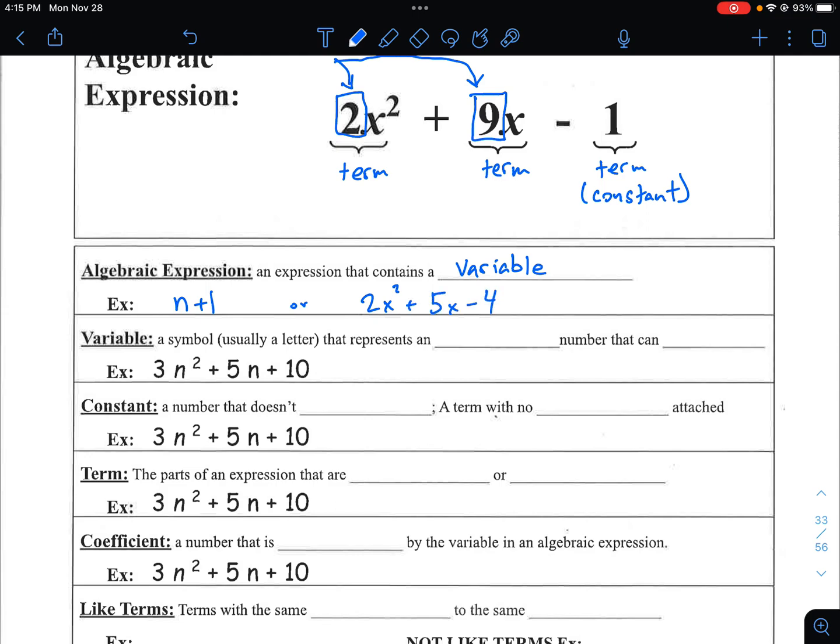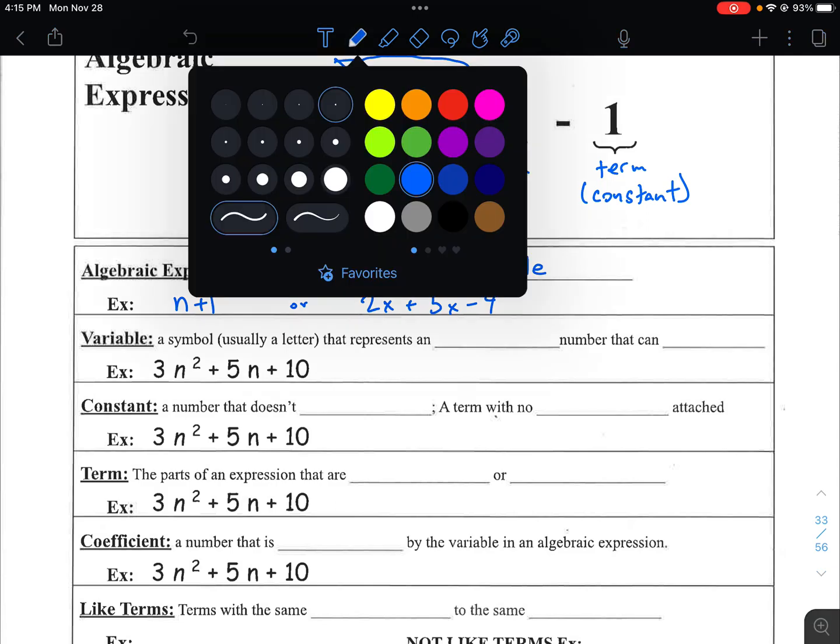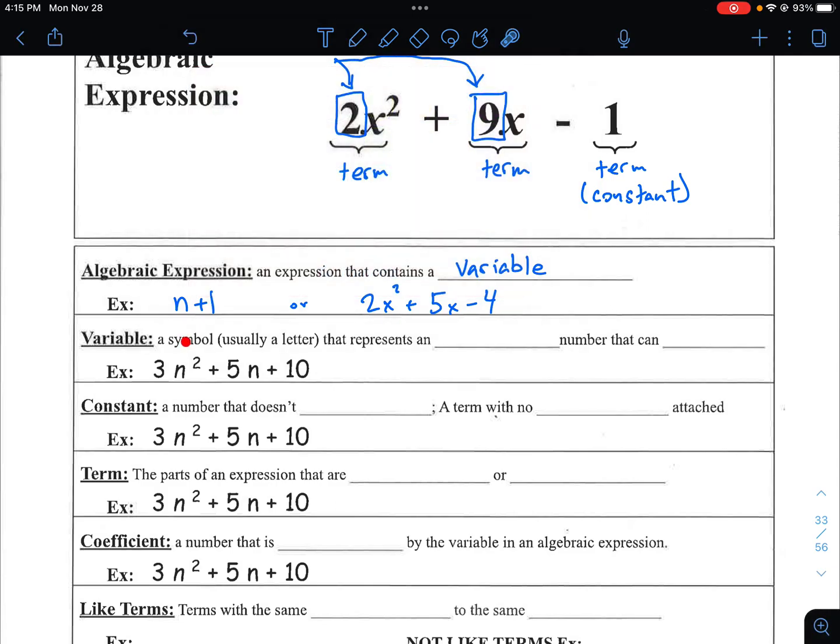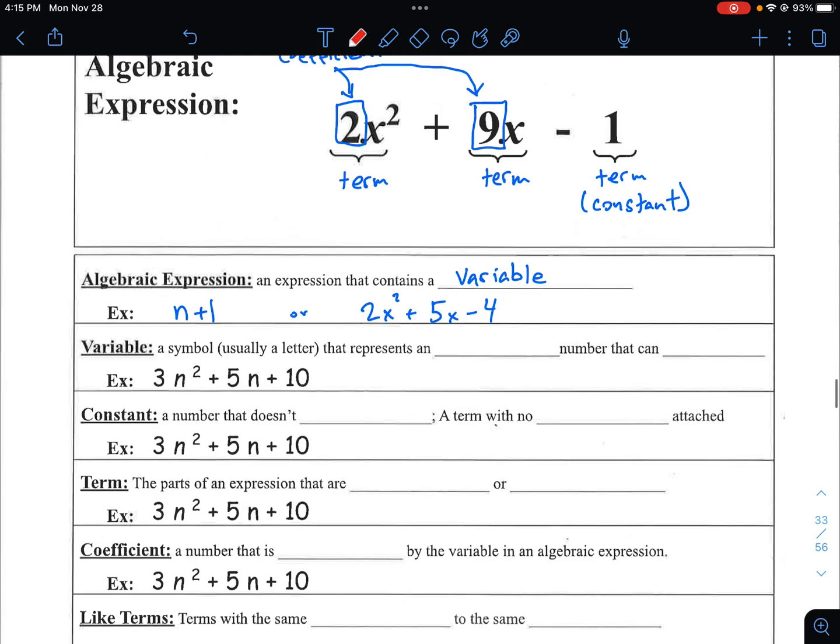That's an algebraic expression because it's an expression with a variable. What is a variable then? Well, a variable is a symbol, usually a letter, that represents an unknown number that can change.